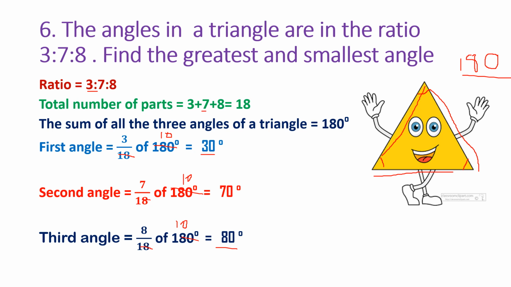So here you know the total is 27. Total length. So the ratio is given as 3 is to 2 is to 4. So in that case you take the sum of the ratio 3 plus 2 plus 4. So 5 plus 4 is 9. So one part will be 3 by 9 of 27.